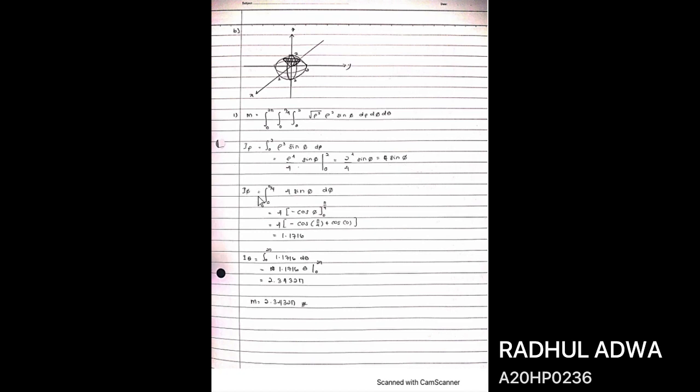Next, we integrate with respect to phi using limits 0 to pi over 4 of sin phi d phi, and we get the answer 1.1716. And last, we integrate with respect to theta using 0 to 2 pi of 1.1716 d theta, and we get the answer 2.3432 pi.